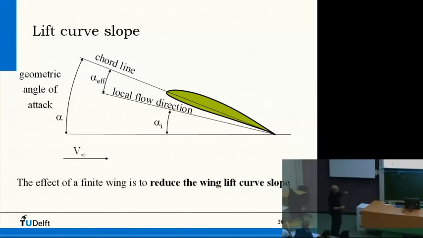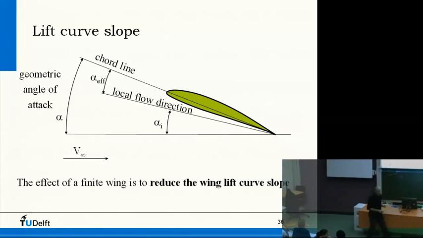So what we see here is, again, this airfoil with the chord line here, the geometric angle of attack. Here we see the induced angle of attack. This is the angle that exists because of the downwash at the position of the wing.